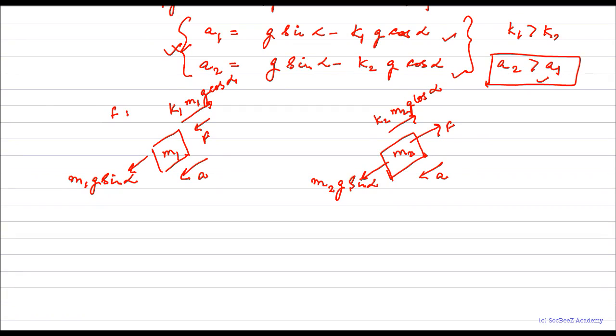So I'll write down for this particular FBD, my force equation as m1 into g into sine of alpha plus f minus k1 m1g cos of alpha equals m1 into a.